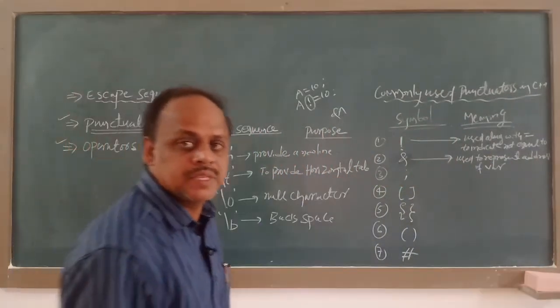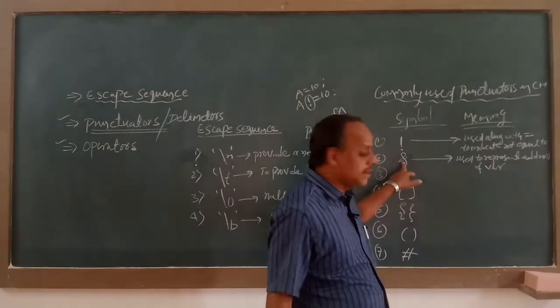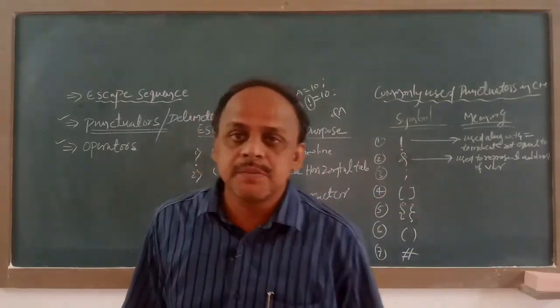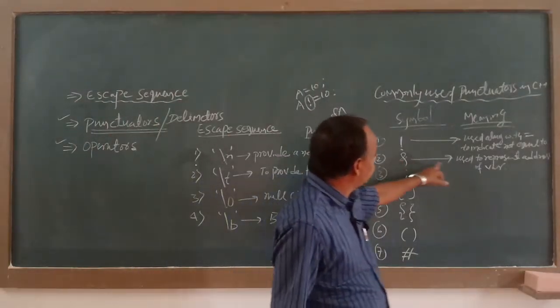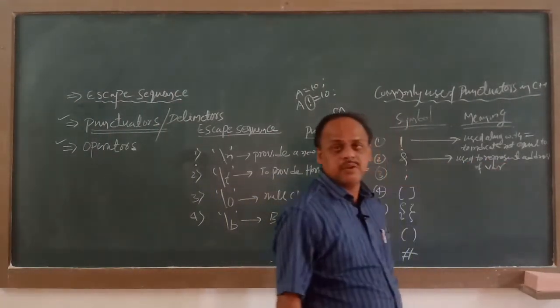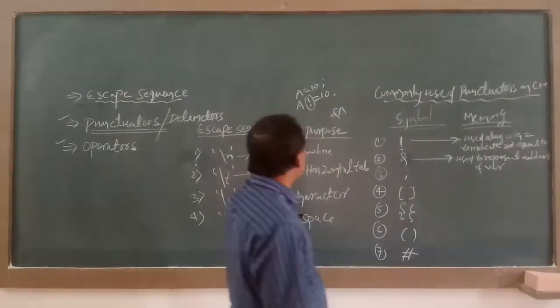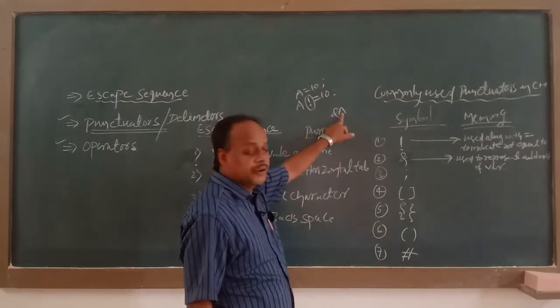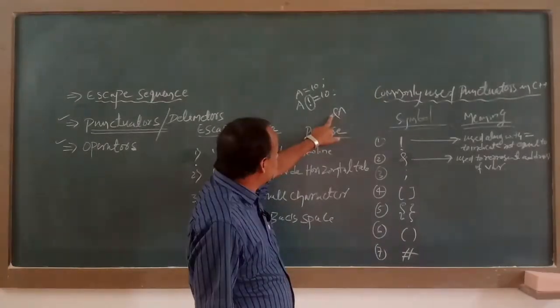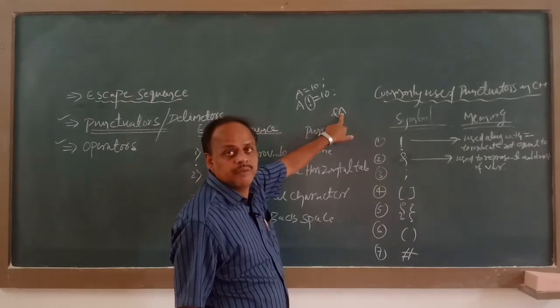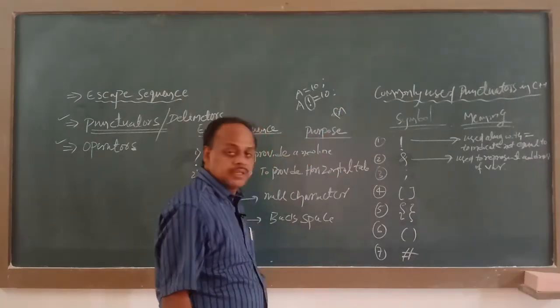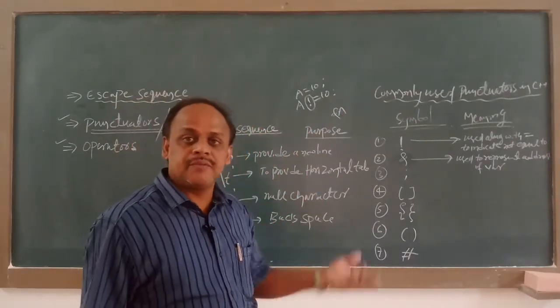If we write ampersand a, this symbol is going to bring the address of the variable a. We are going to discuss that afterwards. Let us see the name and meaning of this punctuator right now.